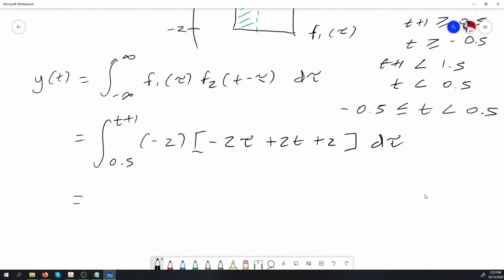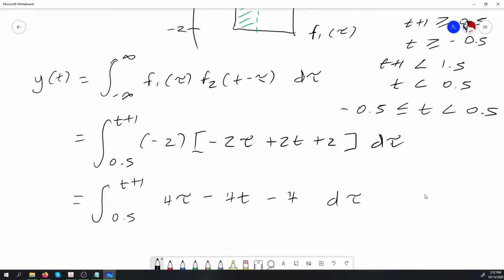Let's expand this out. From 0.5 to t plus 1 of 4 tau minus 4t minus 4 d tau.